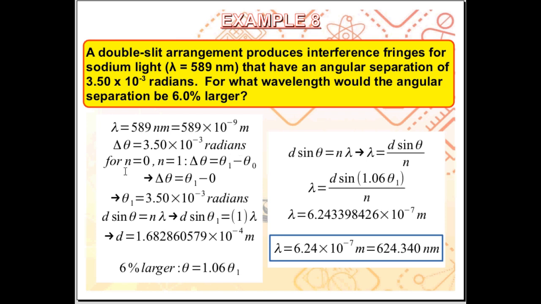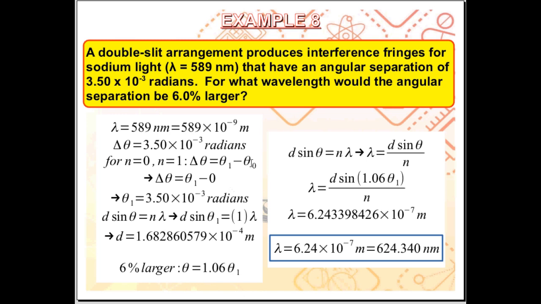Let n is equal to 0 and then n is equal to 1. We can get the angular separation for these two bright fringes, the central bright fringe and then the first bright fringe. Delta theta is equal to theta 1 minus theta 0.